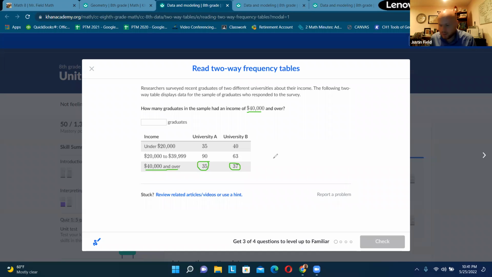In a two-way table, we generally add some total columns. So total column here and then there's going to be a total column here, and then there's a grand total that goes right here. So you may find it helpful to add these total rows. And so all we got to do to get the totals is add across and add down. So 35 plus 37, that's the answer to our question.